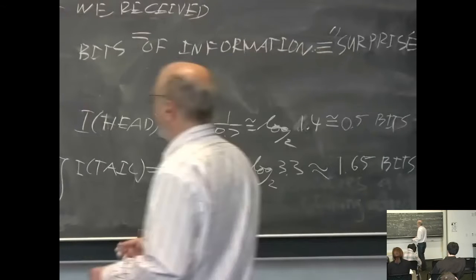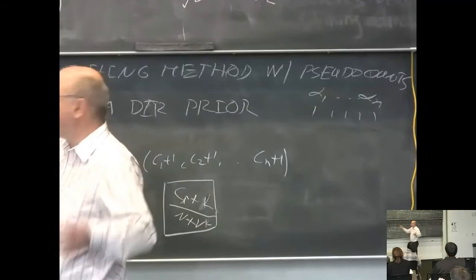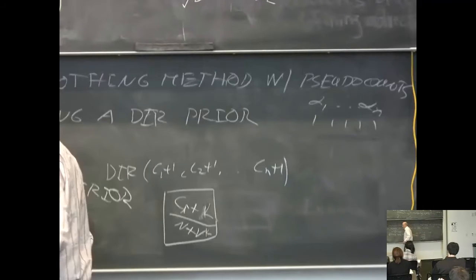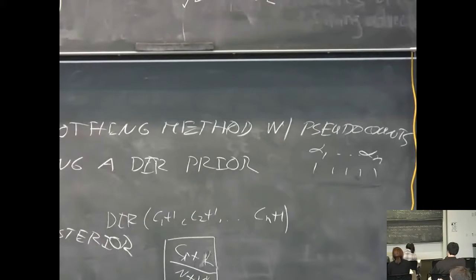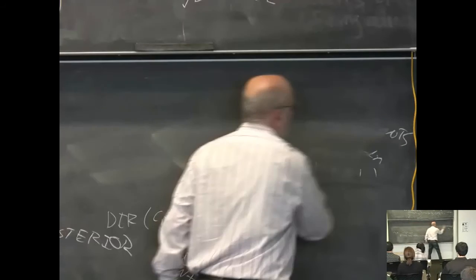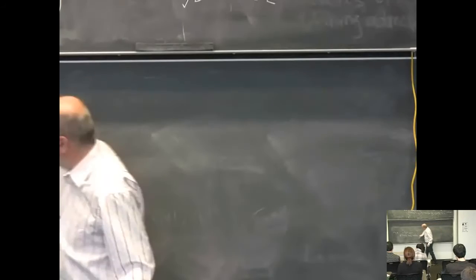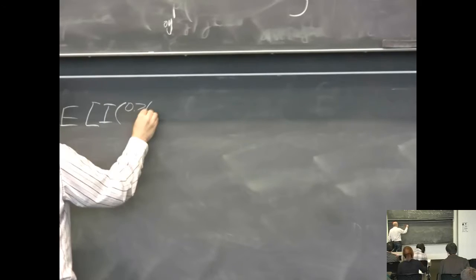And I don't want to do just 100, I want the expected value over arbitrarily long stretches. So I'm asking, what is the expected value of the information in a particular flip of a 0.7, 0.3 coin?